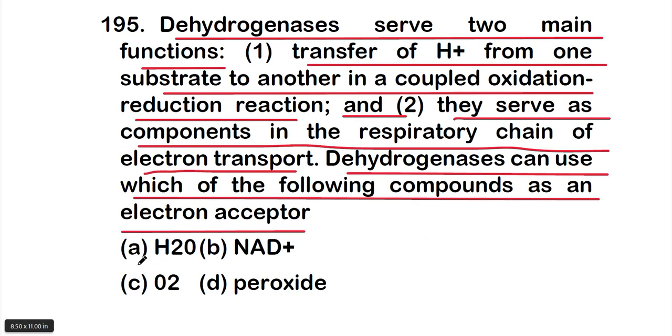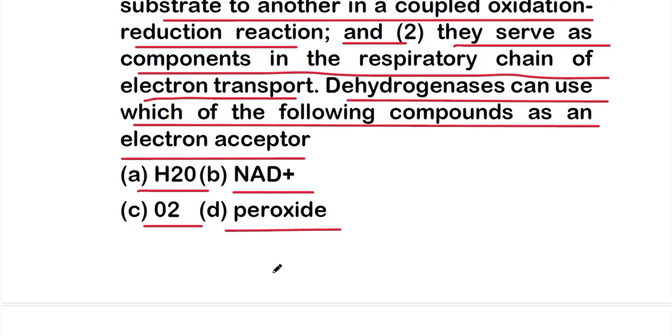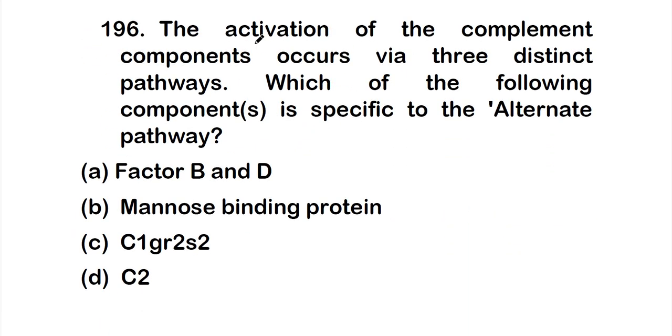And the options are: option A, H2O; option B, NAD+; option C, O2; or option D, peroxide. And the right one is option B, that is NAD plus. So dehydrogenases can use NAD plus as an electron acceptor. Okay. Next, let's see. Next is question number 196.